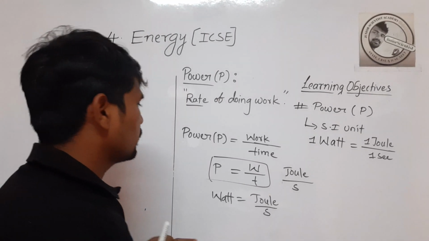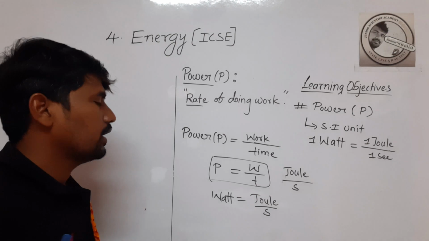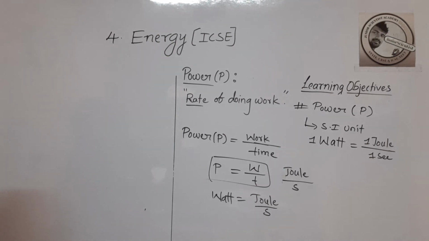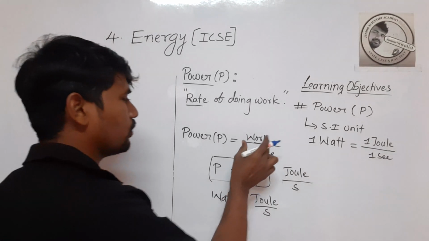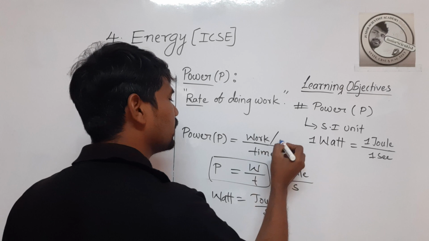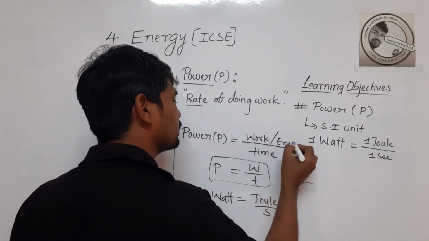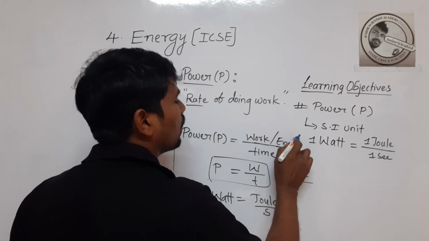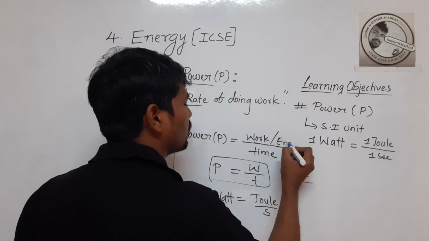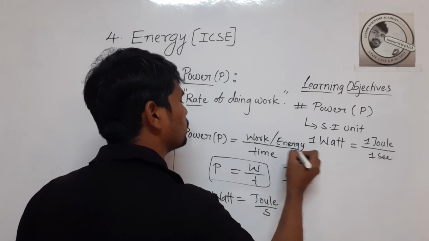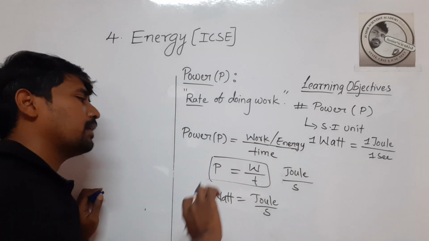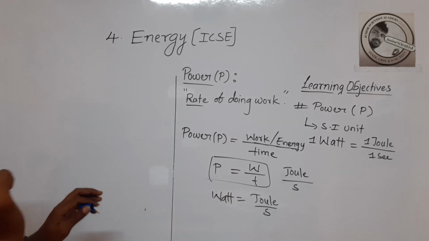Okay children, yes. Next, what more do we have to discuss here? Then what can we write for energy? Work or energy. We can write work or energy by time also.